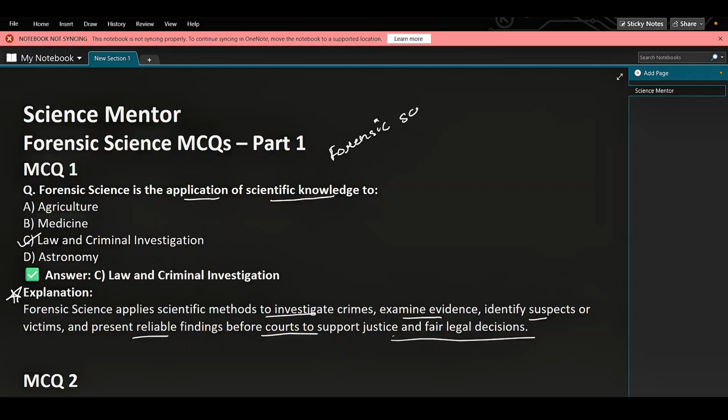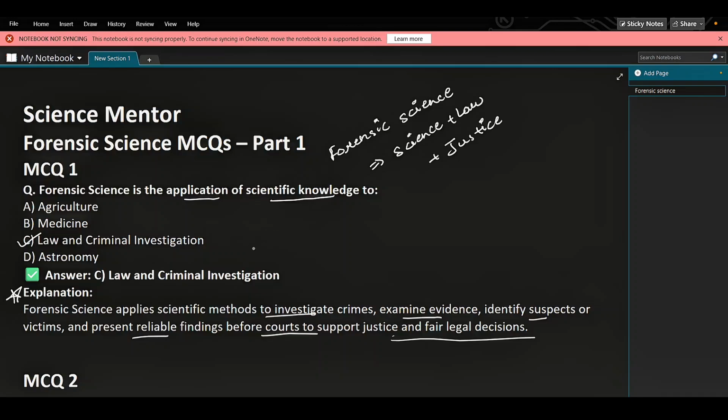This is one of the most fundamental questions in competitive exams.